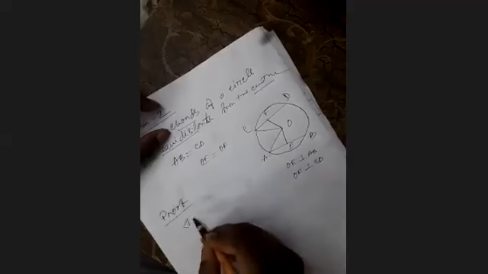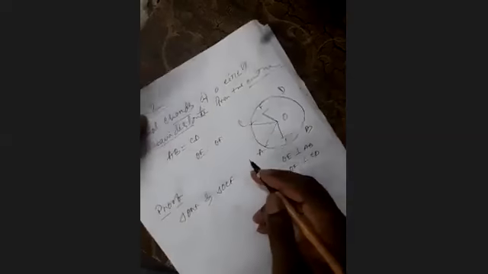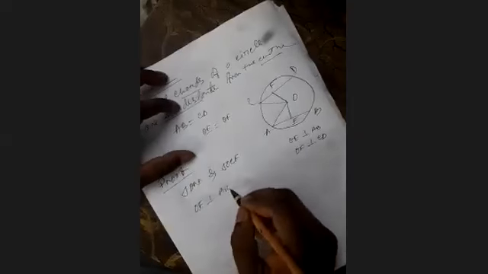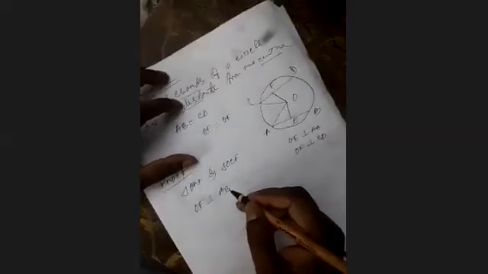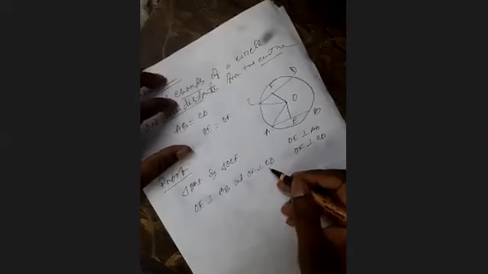For triangle OAE and triangle OCF, firstly OE is perpendicular to AB, and another matter is OF is perpendicular to CD.